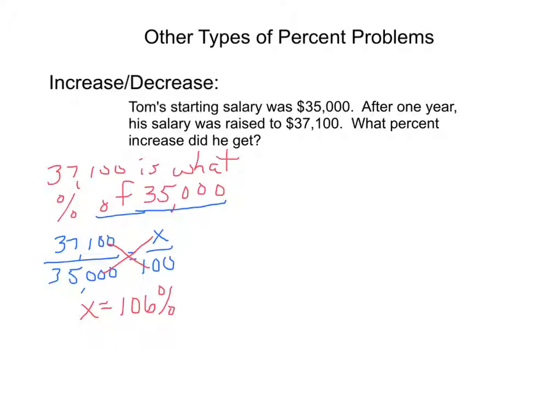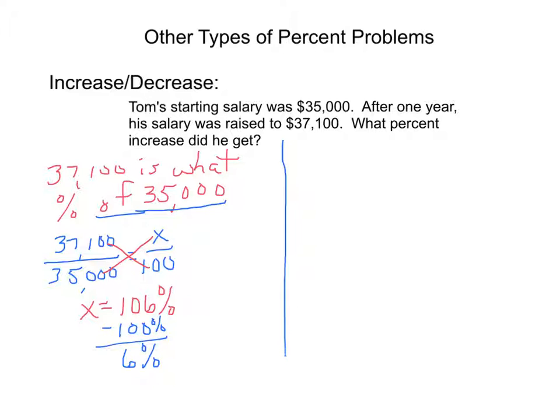If he got a 100% increase, that would mean that he would double his pay, and he certainly did not do that. So in this particular case, I need to subtract out the 100% that he started with, which gives me an answer of 6%, and Tom got a 6% increase.